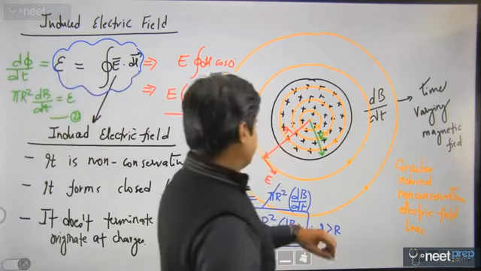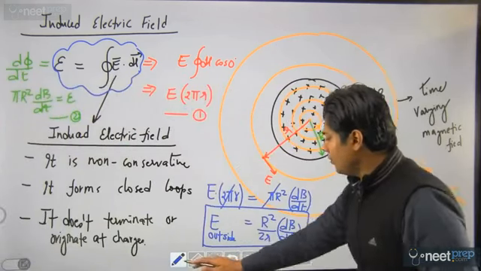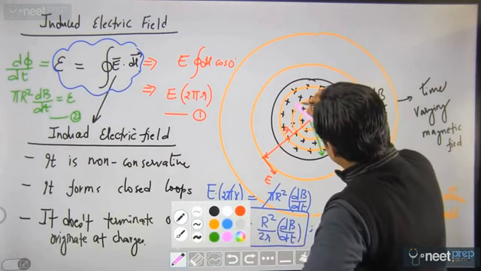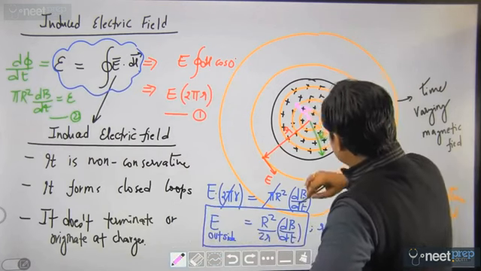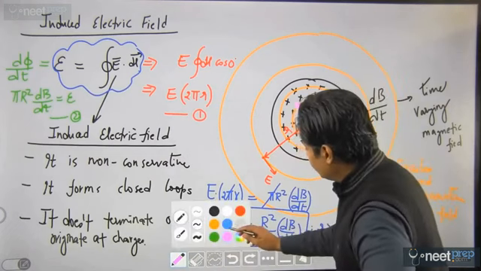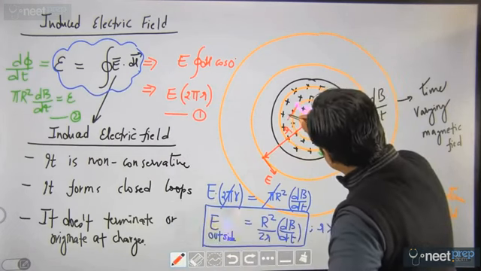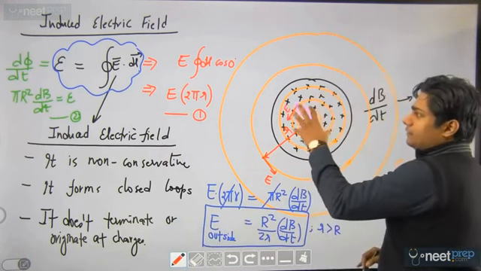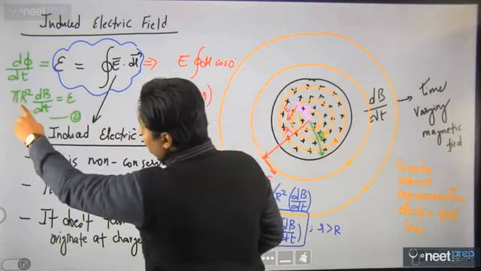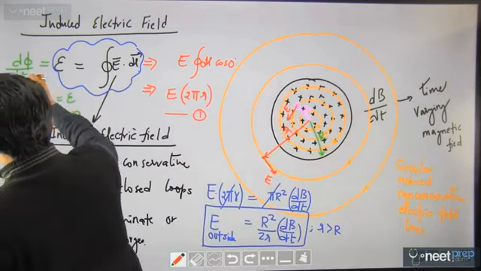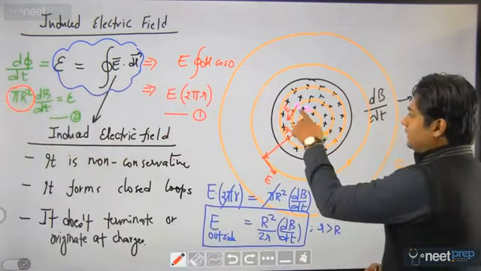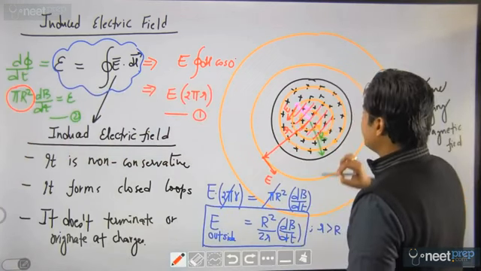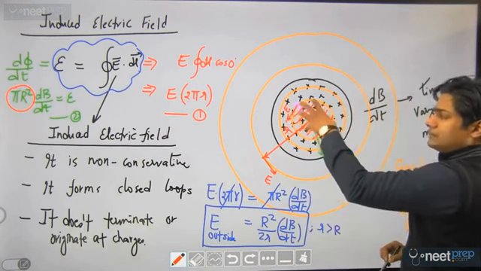What about inside points? If you talk about a point inside, let's say at small r, then only one thing will change. In d phi by dt, you were taking the complete area pi R square, but for the electric field inside, you only consider the area inside this periphery, because we are calculating the EMF only for inside points.